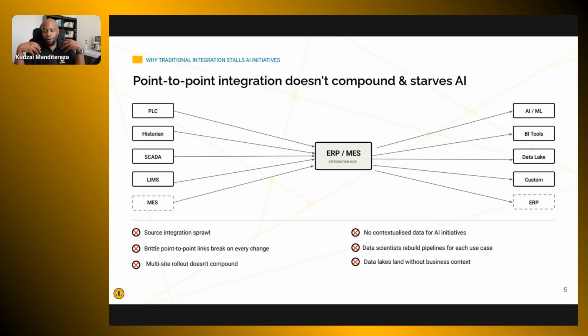So if every change that you make breaks your architecture, then you have a big technical gap, and you can't rely on it to build your AI use cases on. And more importantly, this really doesn't compound. I guess this is more a friction for a lot of enterprise companies, where you build something in one site, but it doesn't carry over to site two, because you've got different equipment.